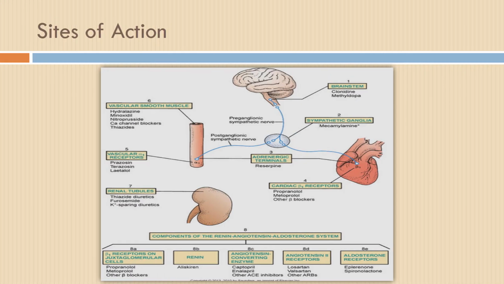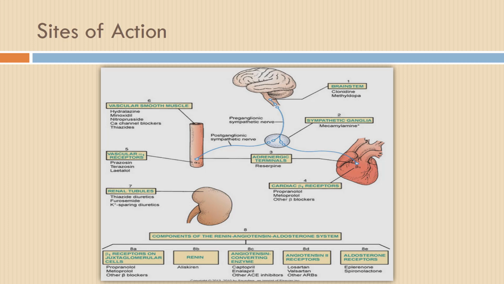Because there are different mechanisms at work to maintain blood pressure, there are different classes of medications used to treat hypertension. Some target sympathetic nervous system action, others the renin-angiotensin-aldosterone system. Still others, the nephrons of the kidneys.